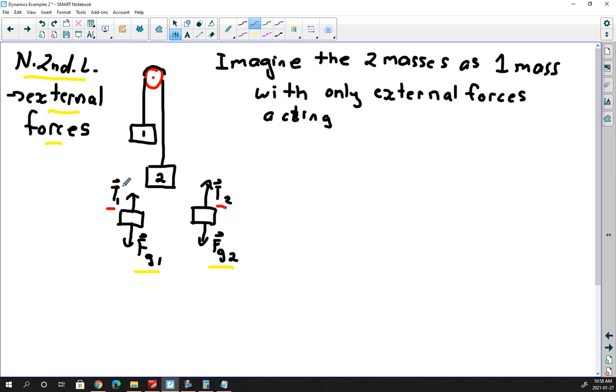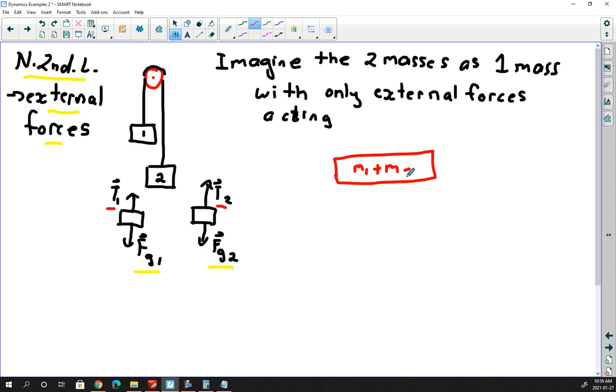And what physicists have come up with, a new way of thinking of this, is saying, look, imagine the two masses as one mass with only the external forces acting on it. So here's this imaginary mass, which would be mass 1 plus mass 2.